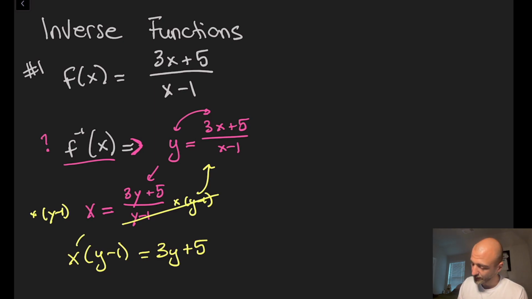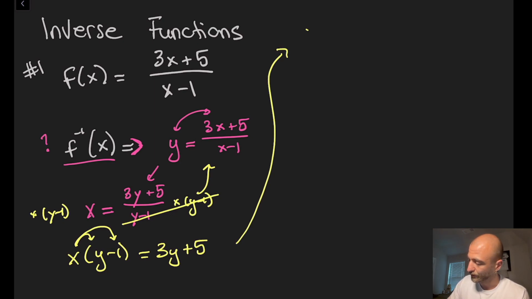Let's go ahead and distribute that x term. And in fact, I'm going to keep working up here. So if we distribute that x term, we get xy minus x is equal to 3y plus 5. Now we want to solve this equation for y, so we want to bring all the y's to the same side of the equation.